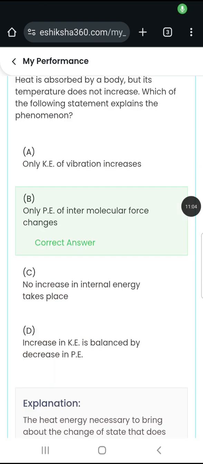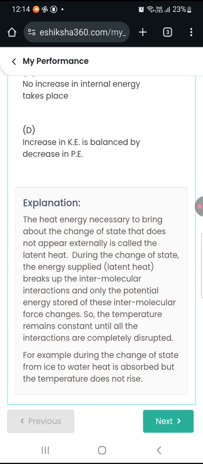Heat is absorbed by a body, but its temperature does not increase. Which of the following statements explains the phenomenon? Only PE of internal molecular force changes. Explanation: the heat energy necessary to bring about the change of state that does not appear externally is called latent heat.